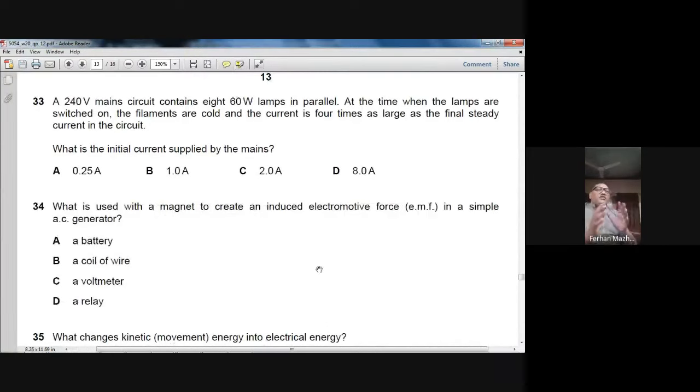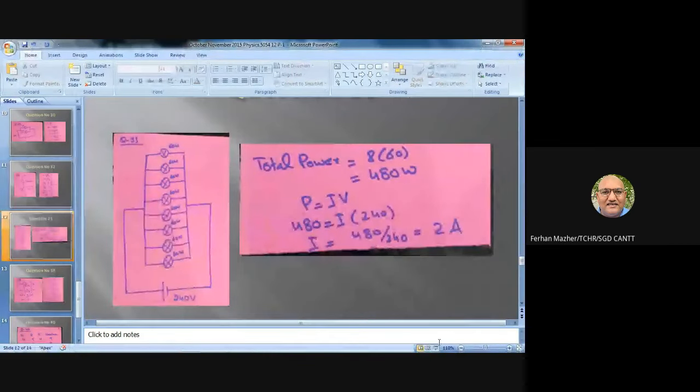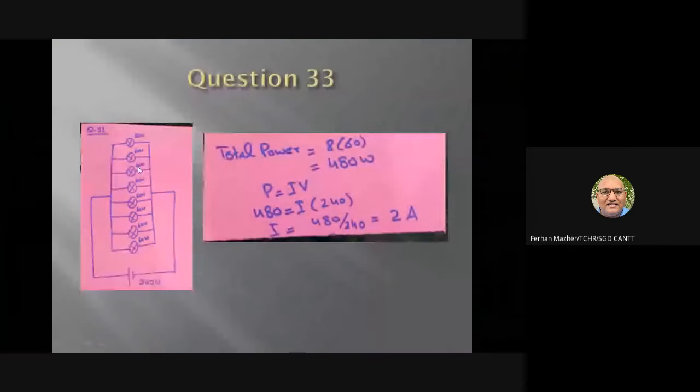Sir, try to understand this thing. In this question, I did a simple calculation. There are 8 lamps, each lamp is of 60 watt, and they are connected in parallel to each other and to a battery of 240 volt.